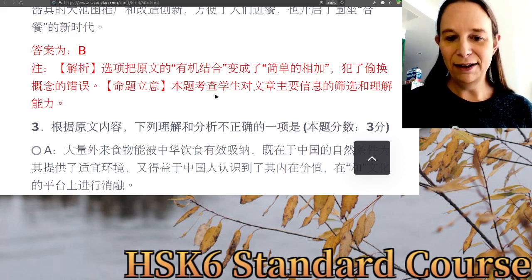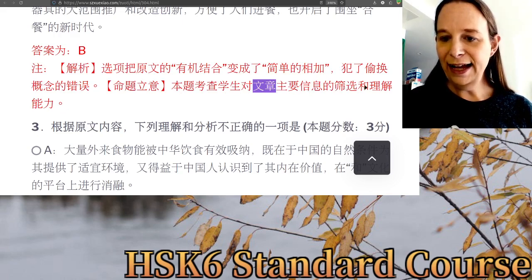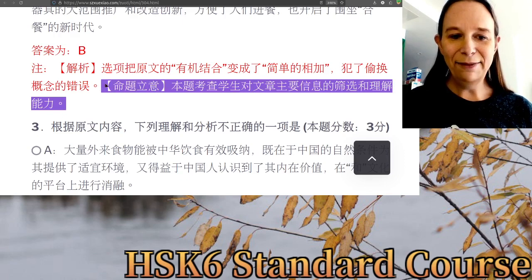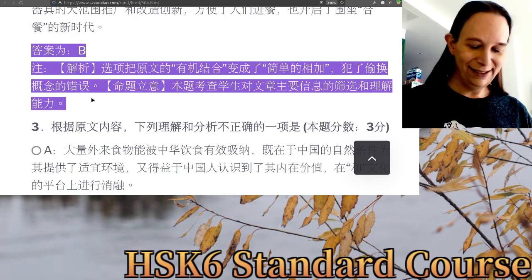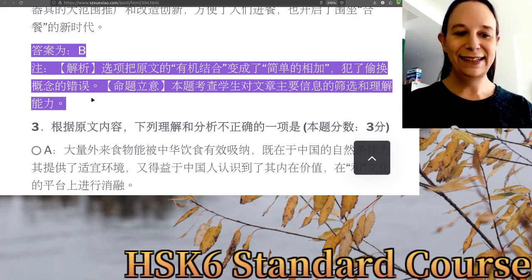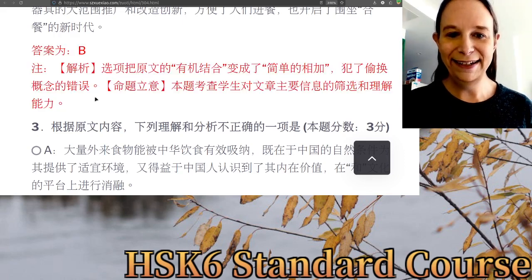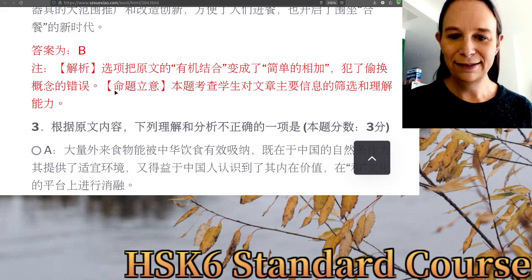OK, 本题考察学生对文章主要信息的筛选和理解能力。Yeah, I wish exam answers to questions were like this and had a proper explanation in the textbooks I read.